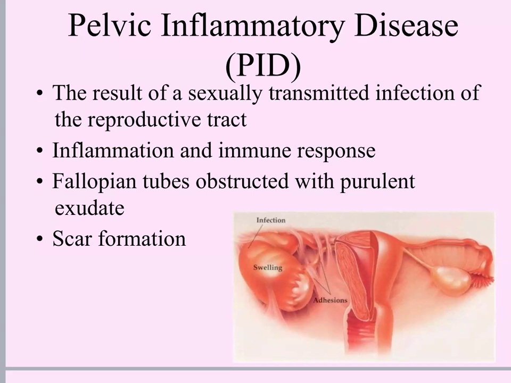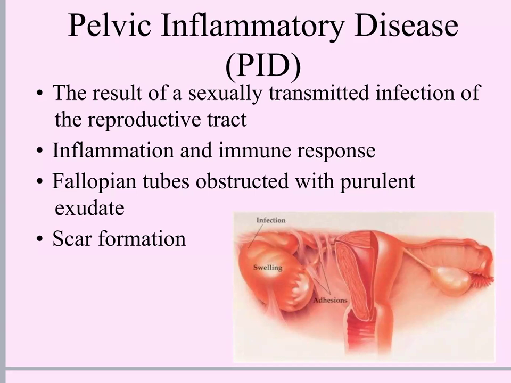The inflamed tissues and all that purulent exudate destroy the cilia. So remember I said we have cilia also in the fallopian tubes that generally move eggs down toward the uterus, but those get destroyed by that inflammation. And then once again, kind of like endometriosis, we have what's called adhesions and scar tissue in the pelvic organs, and that distorts the pelvic anatomy.